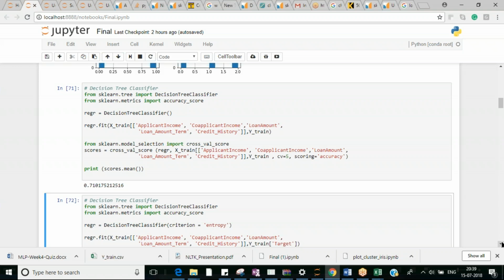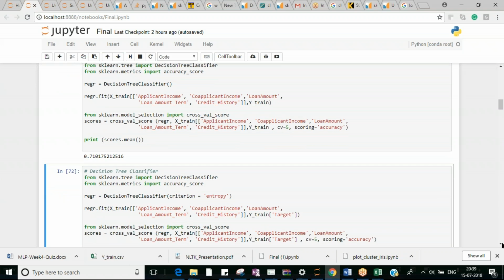When we don't specify the criterion, it takes into consideration the accuracy. But when we take the criterion as entropy, it takes into consideration the probabilities of distribution. What we discussed in Gini index, how every cut helps you understand the distribution, and that way the sequence of the variables taken for the decision tree cuts changes.